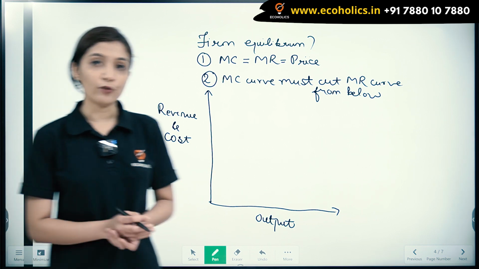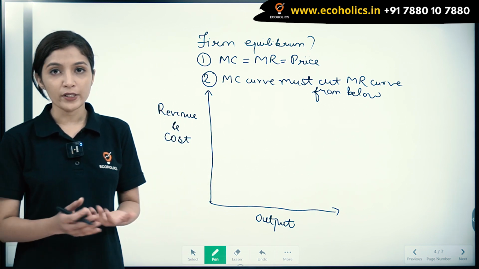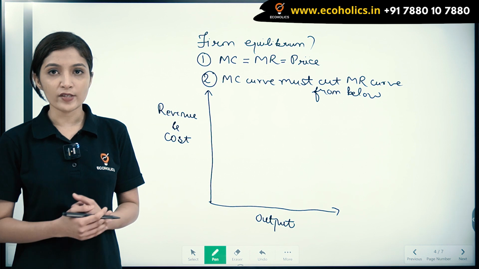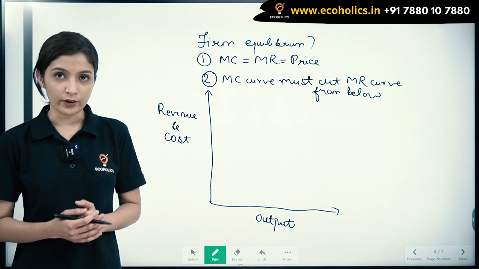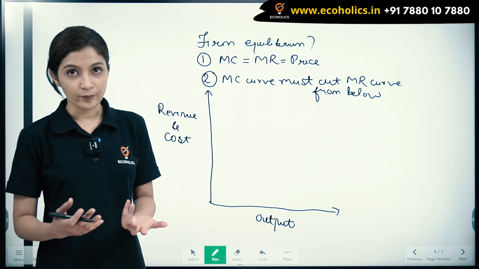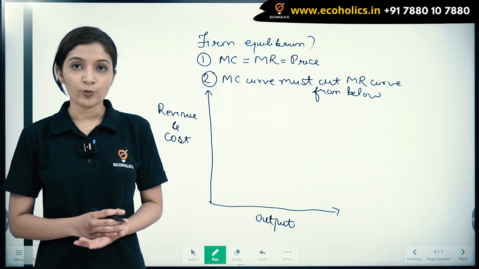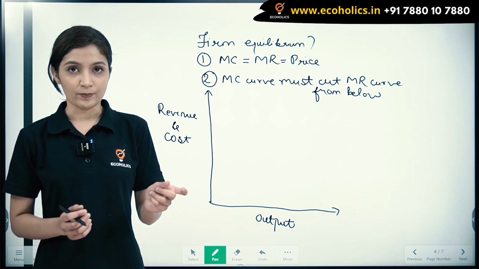Why do we have a perfectly elastic demand curve? Because in case of perfect competition, we have a large number of sellers selling a homogeneous product and therefore they do not have any control over the price. What they can only do is sell any amount of output at the prevailing price.